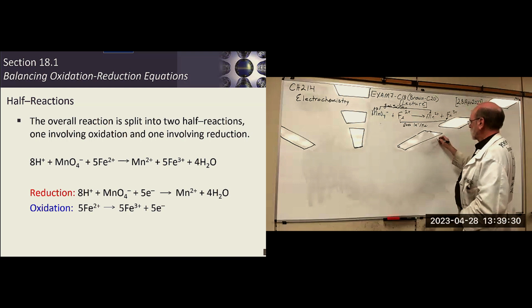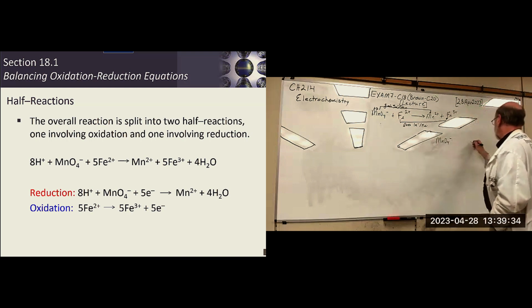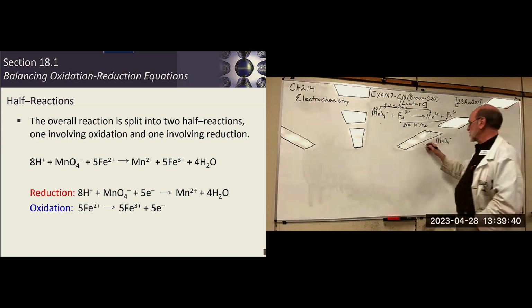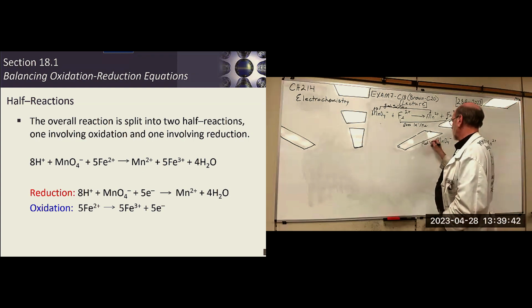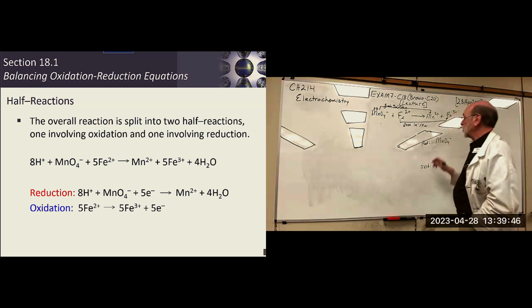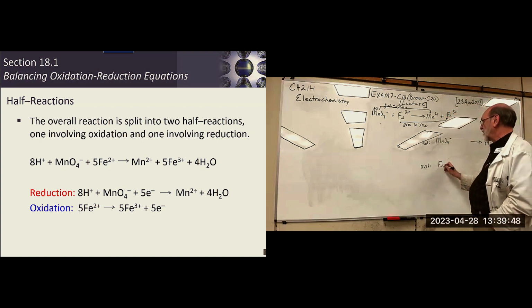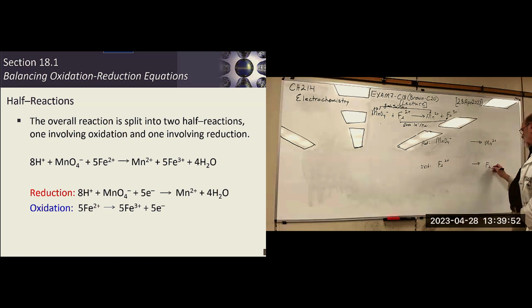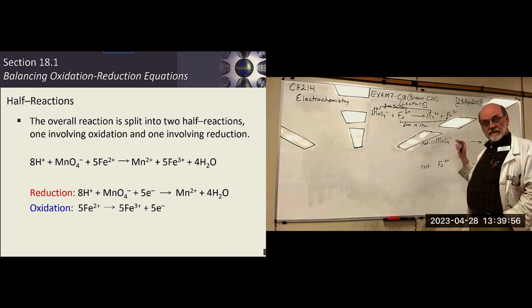MnO4 minus, and then that's going to give us Mn2 plus. This is reduction. And oxidation would be the iron, Fe2 plus giving the iron Fe3 plus. Notice I'm leaving a lot of space in here for the next steps.